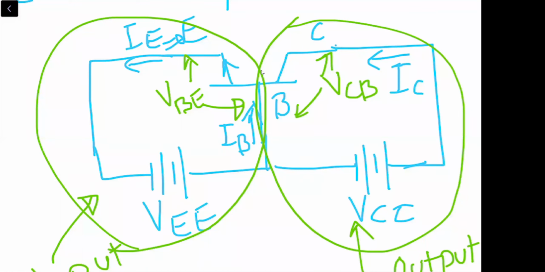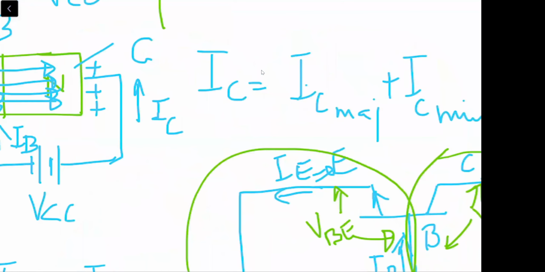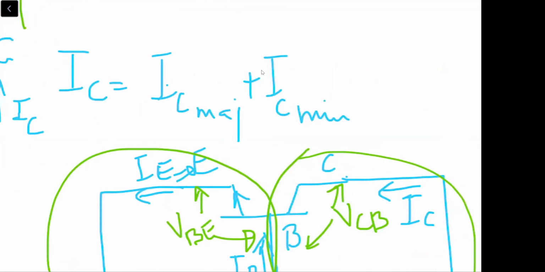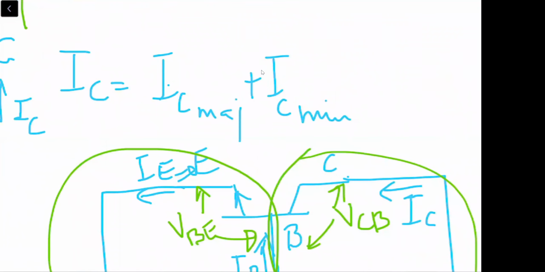And once the emitter current is equal to 0, this means the collector current will be only dependent upon, if you see, IC is equal to IC majority plus IC minority. So this means we do not have any majority carriers available in that portion of IC, right? So this means IC will be only dependent upon IC minority, right?